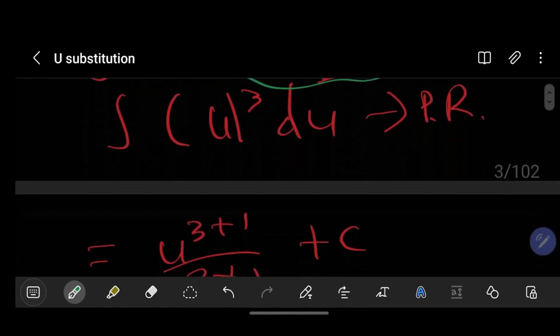Okay, let's look at an example where we have an exponent. So let's say we want to find the integral of x cubed e to the x to the 4 dx. So what do you think we need to make u here?